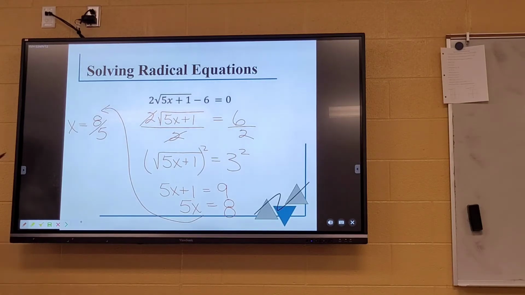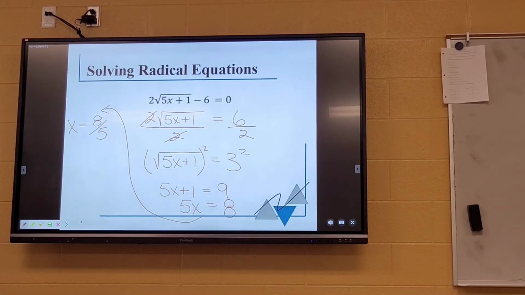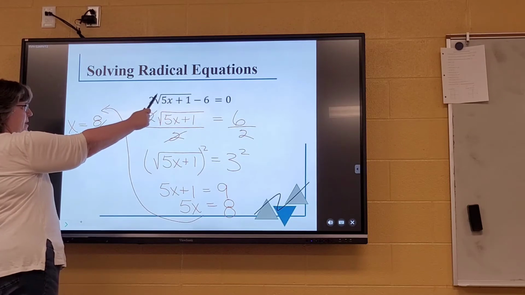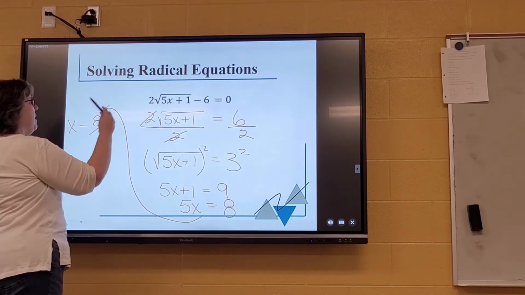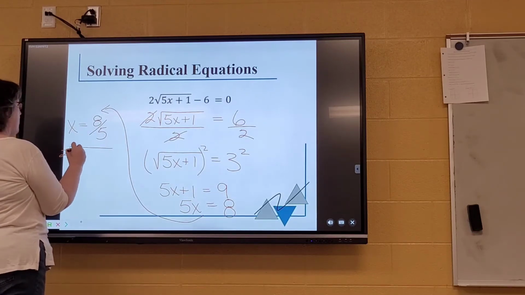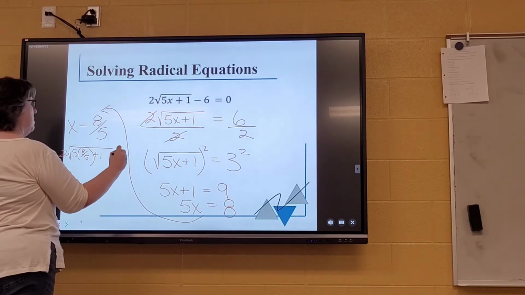And if I check that, it's a good idea to check these too, make sure we don't get a negative number under the radical sign, especially if it's an even, well, only if it's an even index. 5 times 8 over 5 plus 1 minus 6.